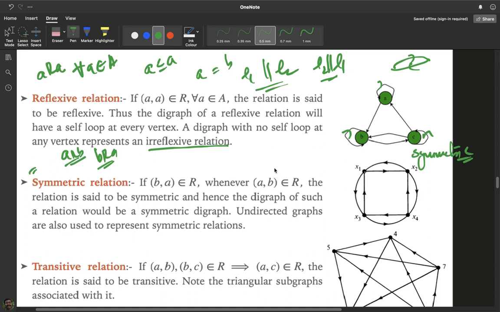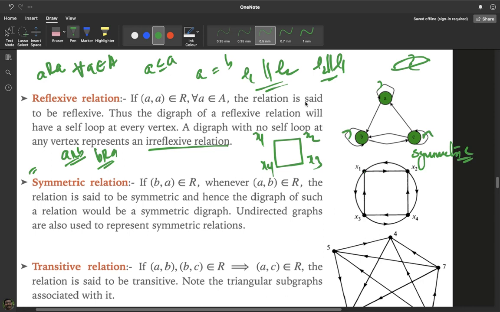Now, if you know that a graph represents a symmetric relation, in some textbooks they also represent symmetric relations by undirected graphs. Suppose in this graph I am representing x1, x2, x3, x4. This is an undirected graph, so that means I can go from x1 to x2 and also come from x2 to x1.